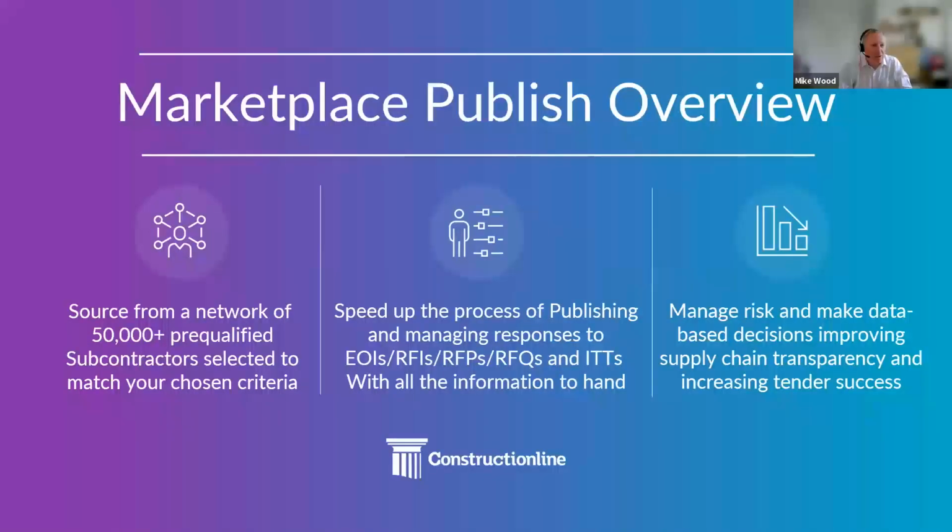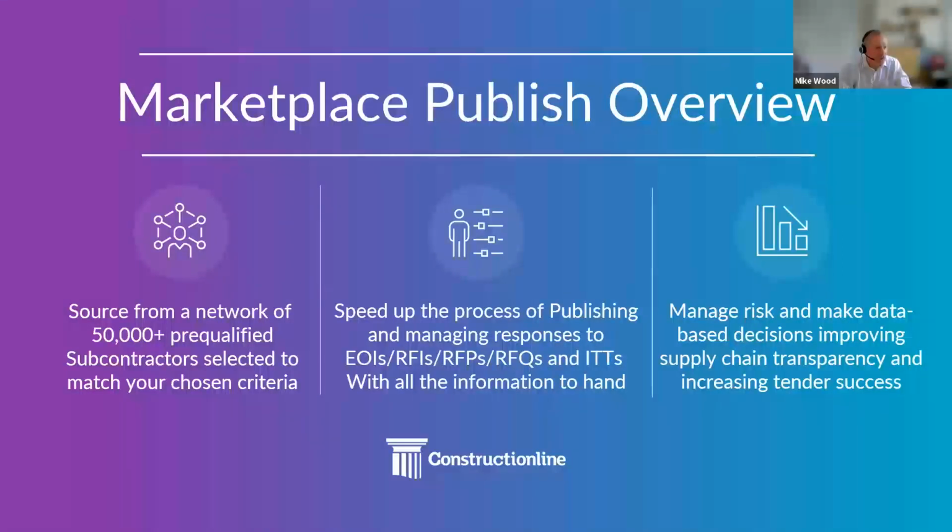So Marketplace Publish is a new addition, or not so new now. It's been around for probably 9 to 12 months that we introduced into your Constructionline account. The main benefits that you'll get from access to Marketplace Publish is that it helps you with your sourcing exercises.